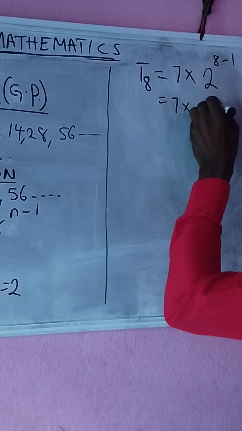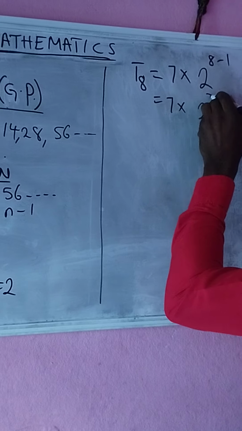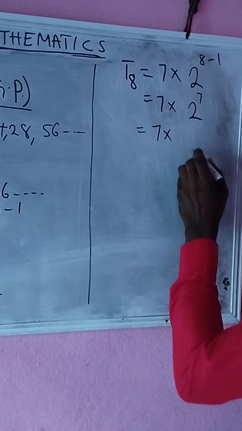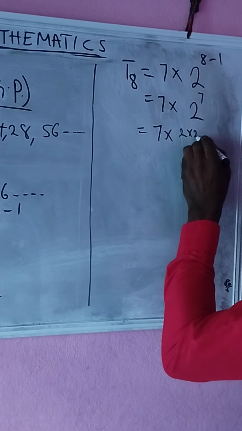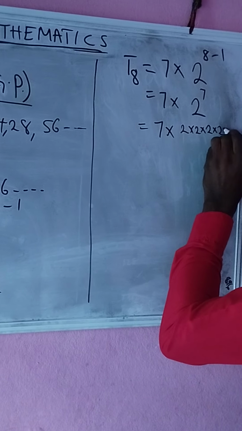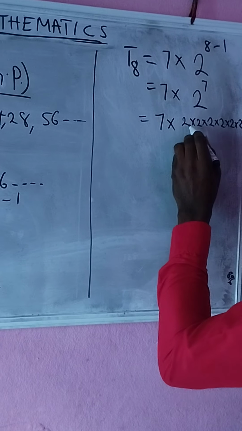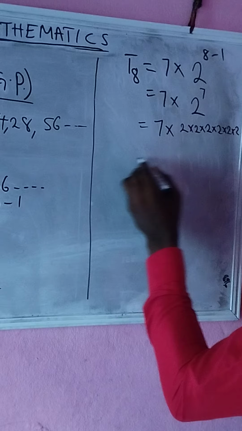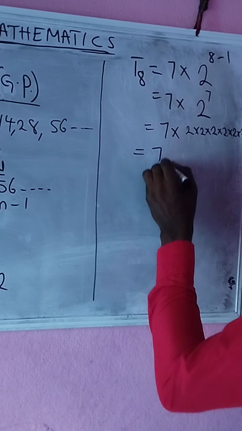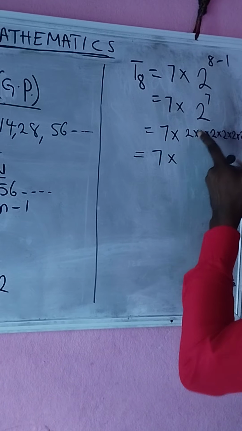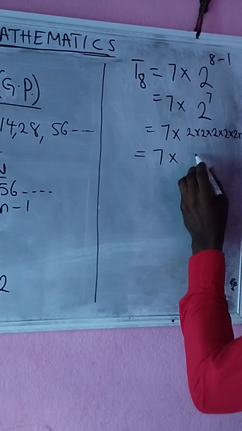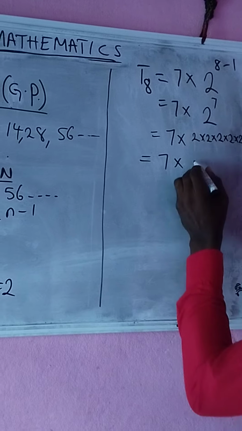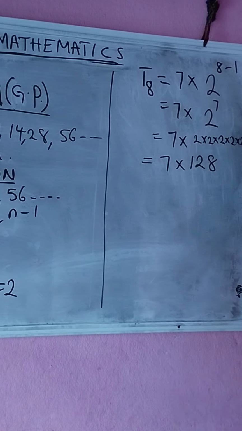So 7 times 2 raised to the power 7. 2 raised to the power 7 is 2 times 2 times 2 times 2 times 2 times 2 times 2, 7 places, which is 128.